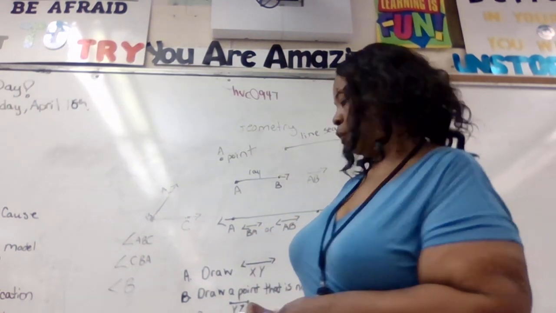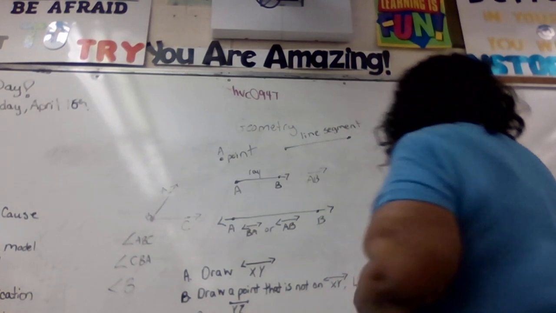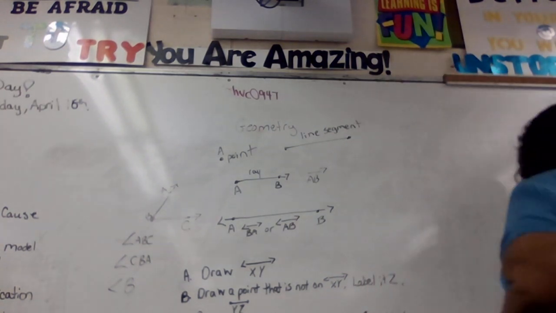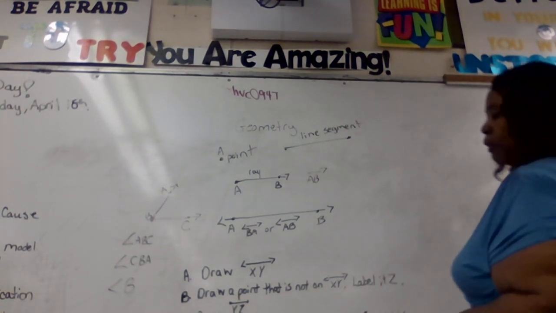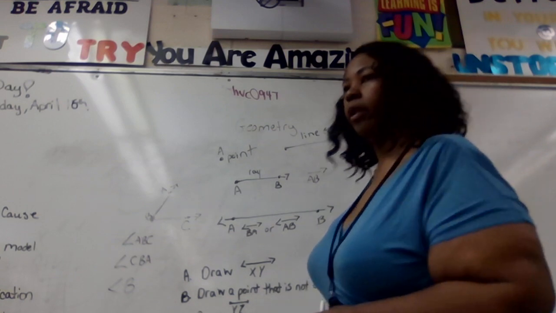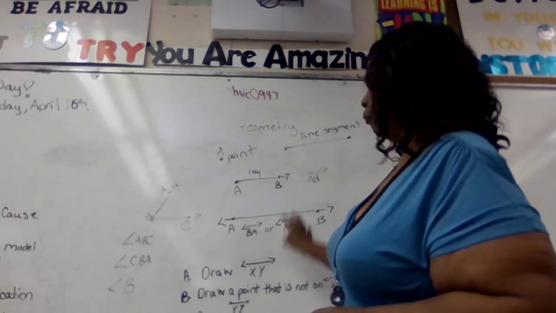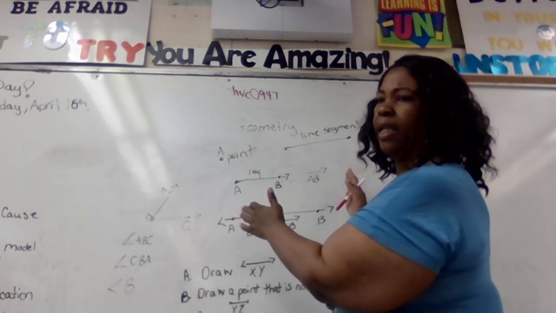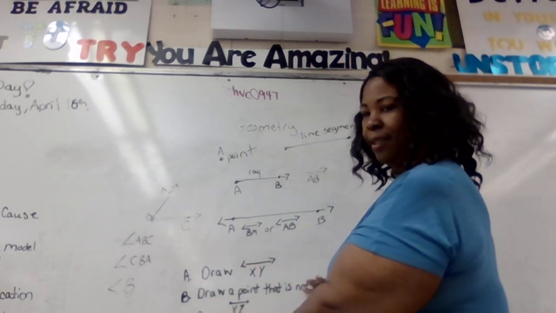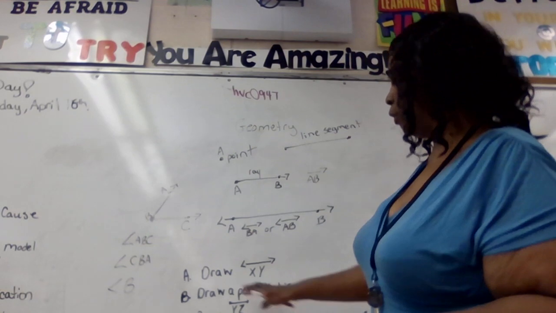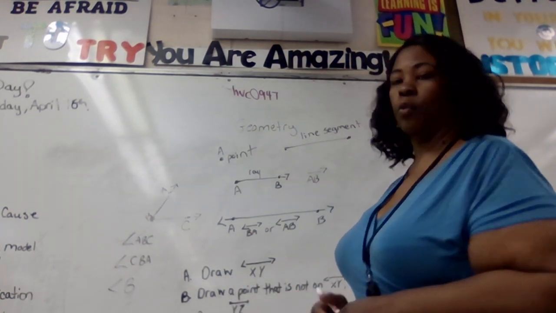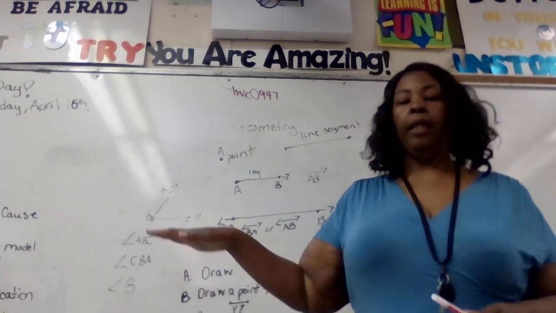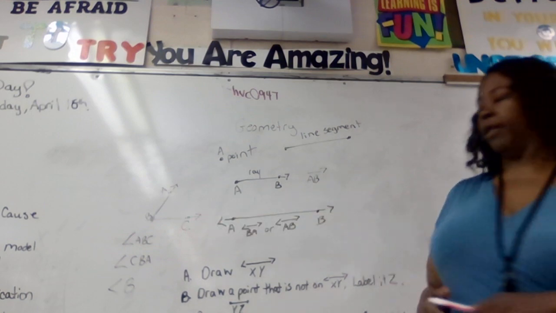Okay? So now we're going to get to another part where I want to give an example of what the homework is, and we did all of this today, and I want to see, can they transfer any of what we did today into this? Okay? So we're going to draw line XY. So we know a line, the arms are extended, they have arrows on both ends.